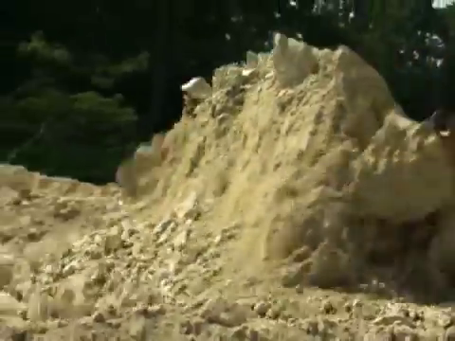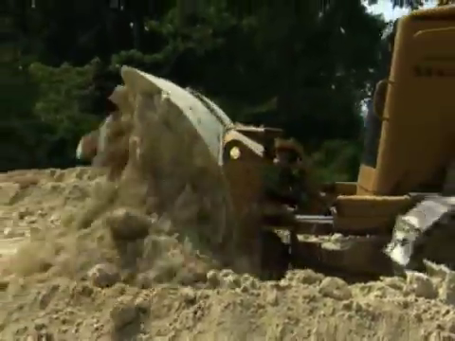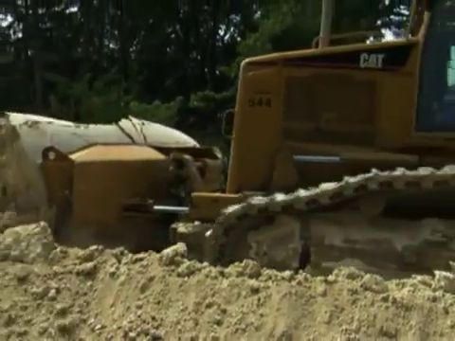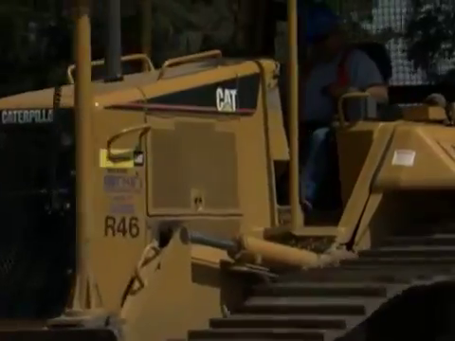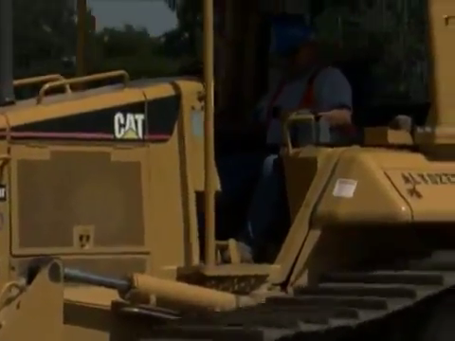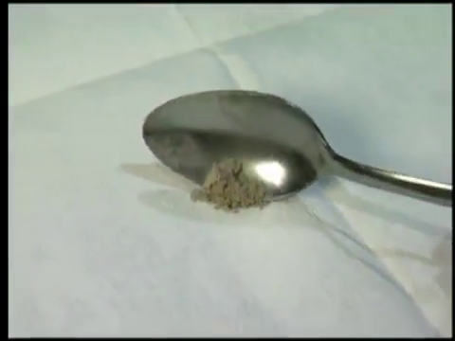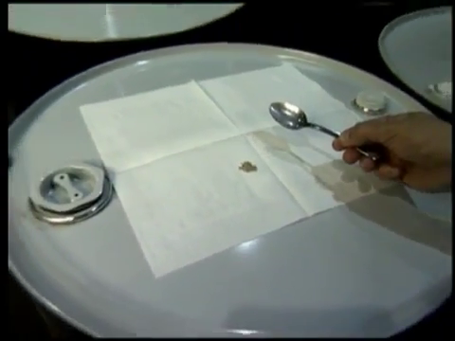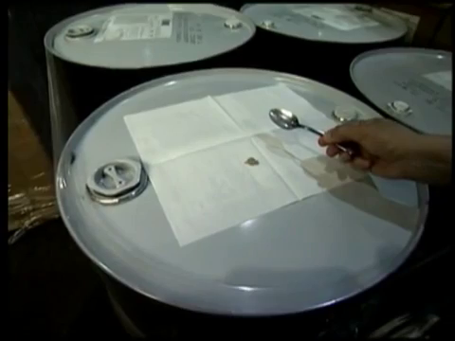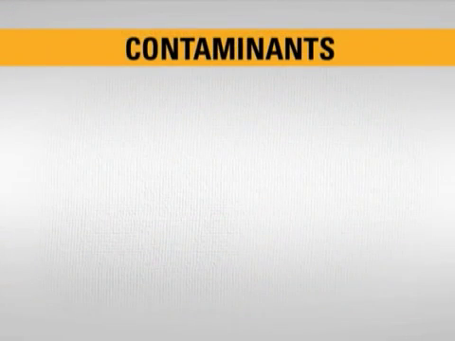Due to the tight clearances in today's systems, that small a particle can be the beginning of premature wear and efficiency loss. And it doesn't take too many particles to contaminate a system. This small amount of dirt in 55 gallons of hydraulic oil exceeds the contamination allowed in the hydraulic systems of new Cat machines. Contaminants can take many forms.